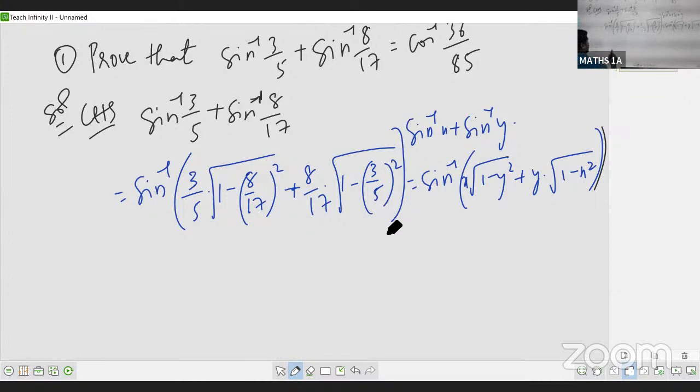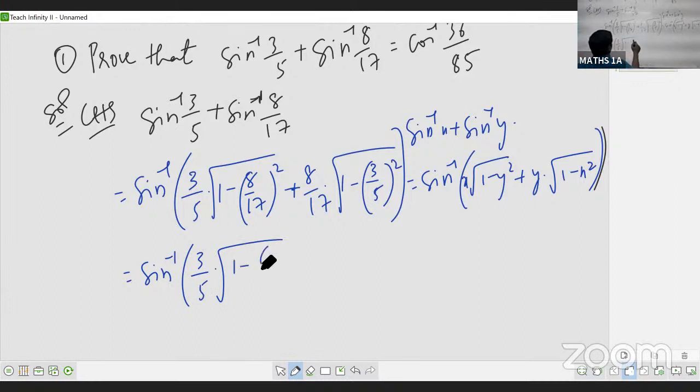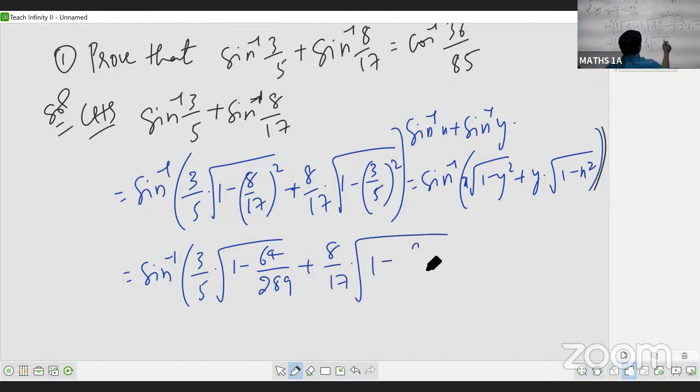That is the formula, right? That is sine inverse 3 by 5 under root of 1 minus 64 by 17 square, 289, plus 8 by 17 under root of 1 minus 9 by 25.